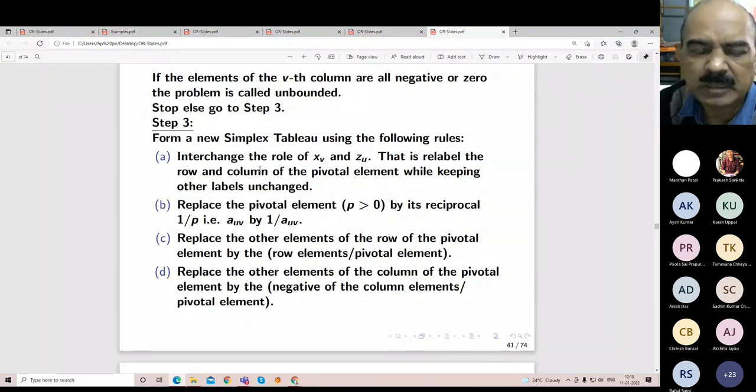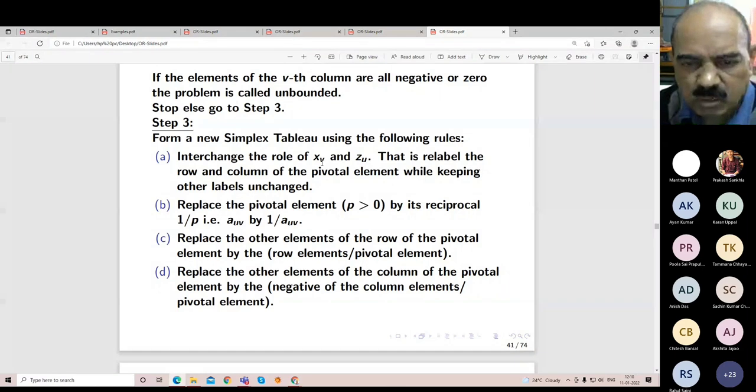Interchange the role of the present basic variable and non-basic variable. That is, relabel the row and column of the key element while keeping other labels unchanged. Don't change any other label, only the basic variable and non-basic variable in that table. So we will only interchange. I will mention which one we should interchange in the example.